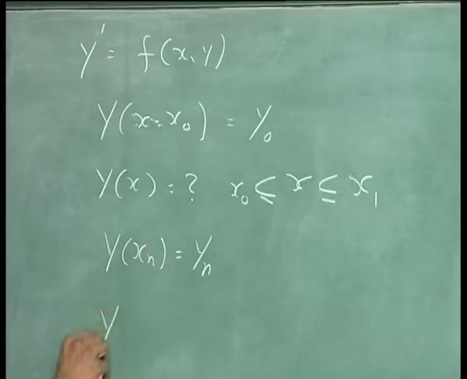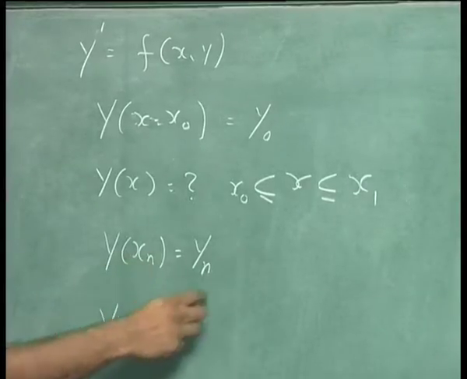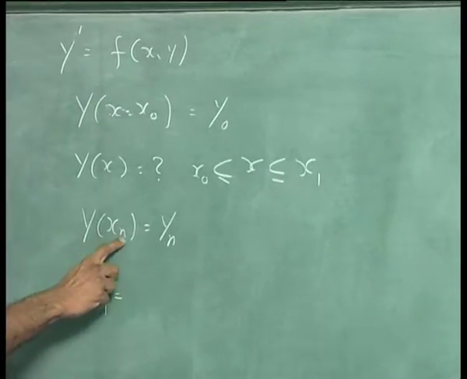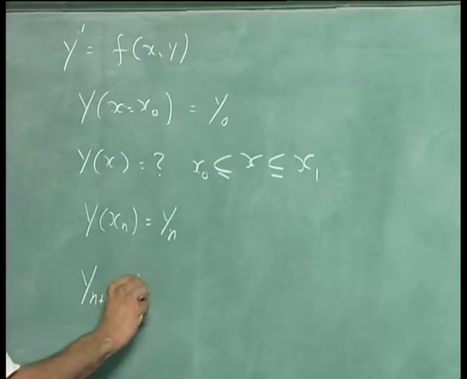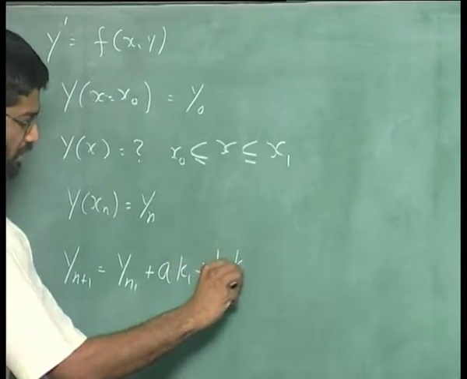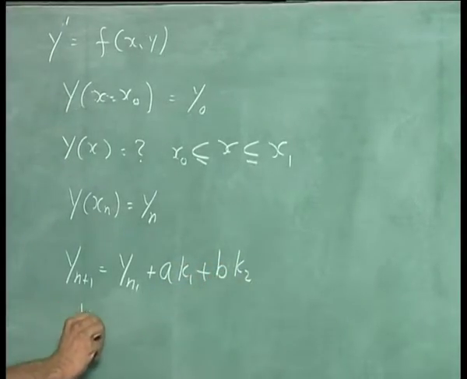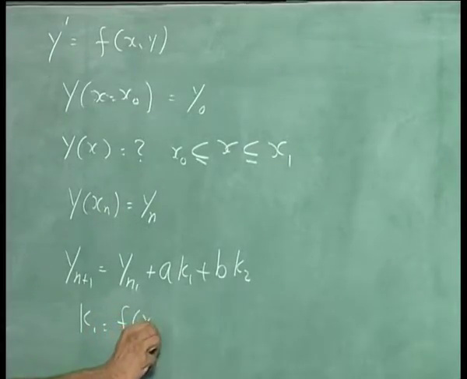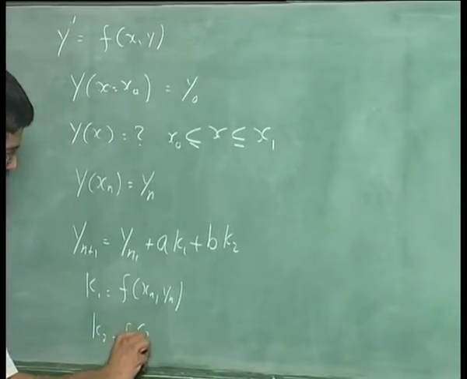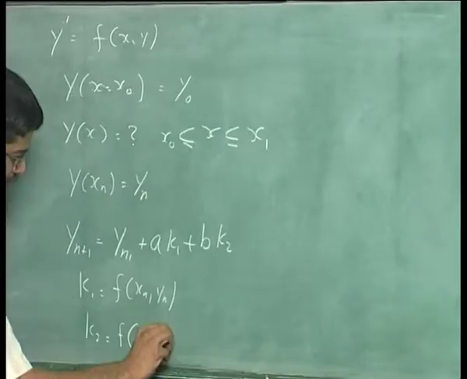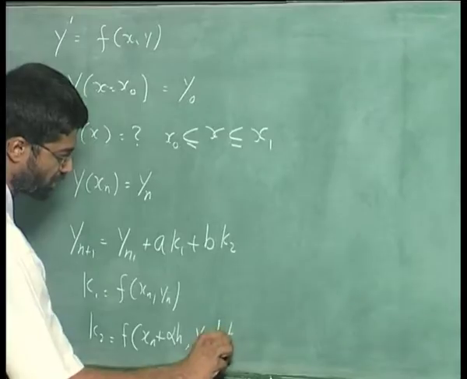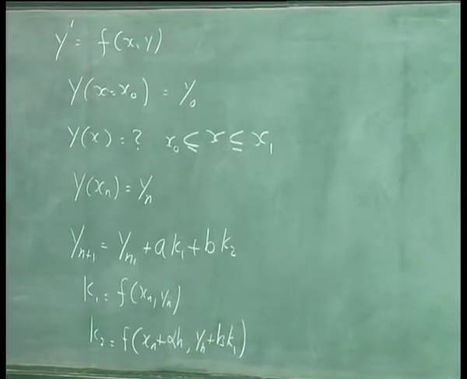Then we wrote yn plus 1, that is y at xn plus h, the next position after xn, as yn plus a k1 plus b k2, where k1 is the function at xn comma yn, and k2 is the function at xn plus alpha h and yn plus beta k1.